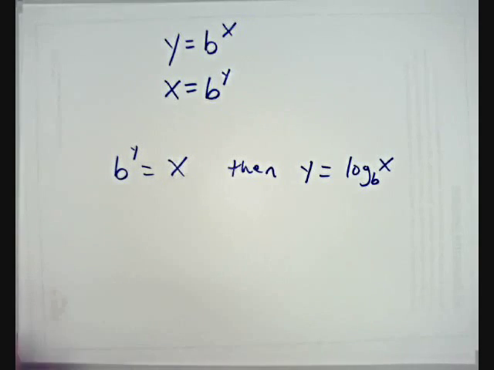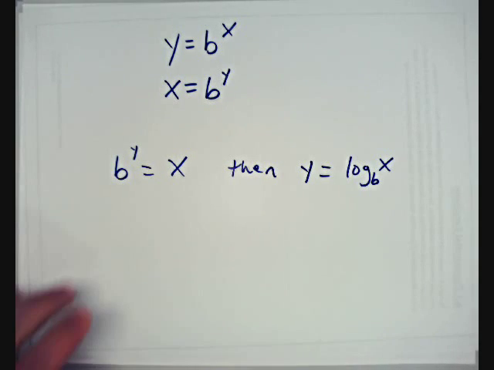Every log function can be written as an exponential function, and every exponential function can be written as a log function. Our first two examples are going to emphasize this point, that every log can be written as an exponential and every exponential can be written as a log.